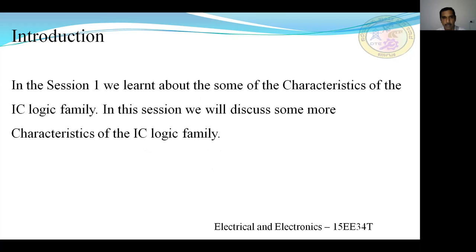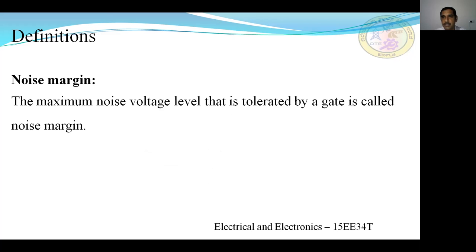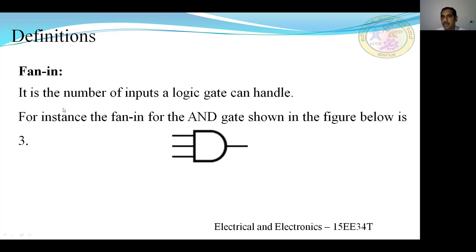Noise margin is the maximum noise voltage level that is tolerated by a gate. So how much noise voltage level the gate can handle is called the noise margin. Next, fan-in is the number of inputs which a particular gate can handle.